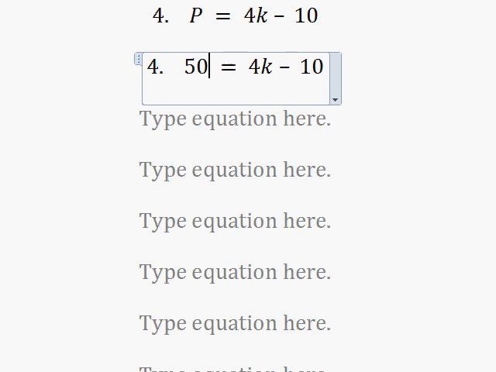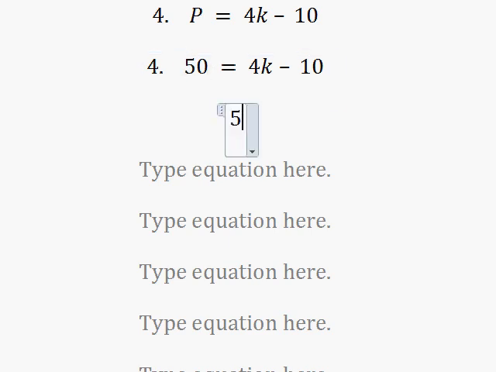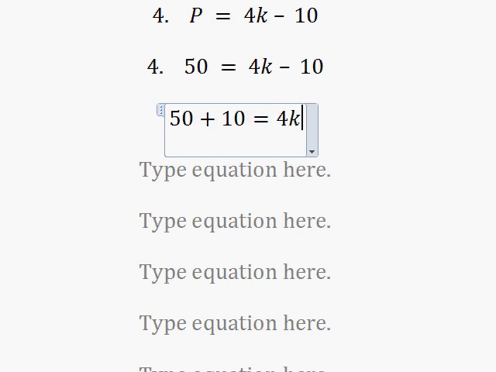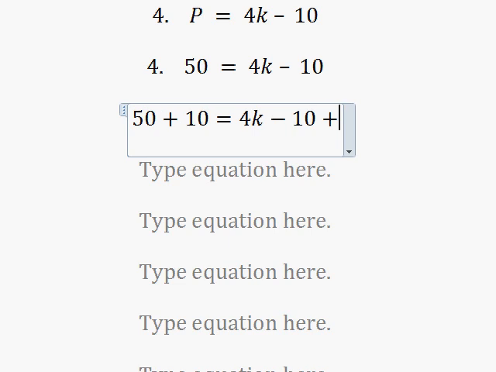So because we want to get rid of the minus 10, we're going to add plus 10 to the right side, to the right expression here, 4k minus 10. To keep everything equal, we need to add 10 to the left expression as well, the left side. So let's do that now. So we've added 10 to this side to keep both expressions equal.